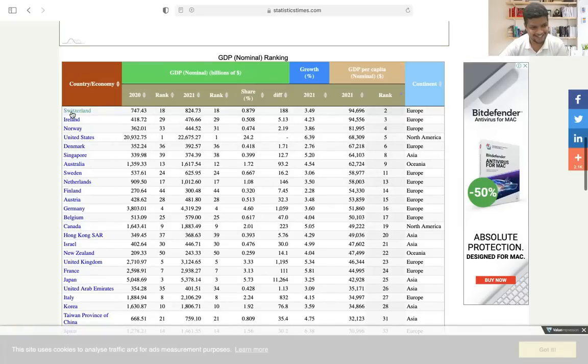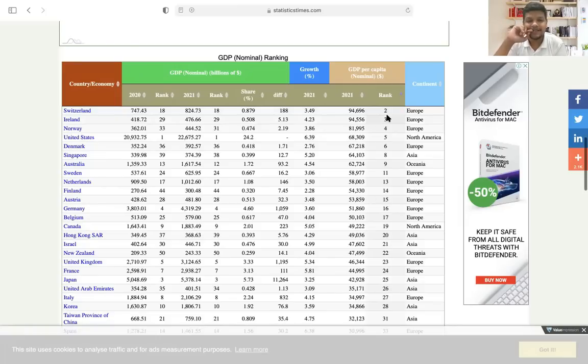You see that? Rank 2, Switzerland, Norway, Denmark, the Scandinavian nations, Singapore from Asia, Australia. So mostly European nations are at the top in GDP per capita, but you don't see rank 1. You know why?